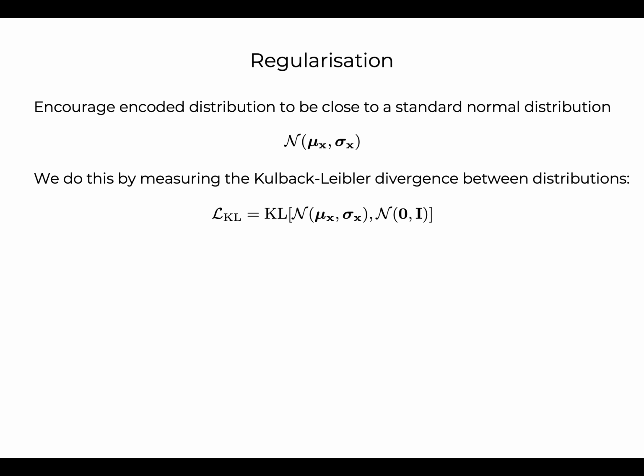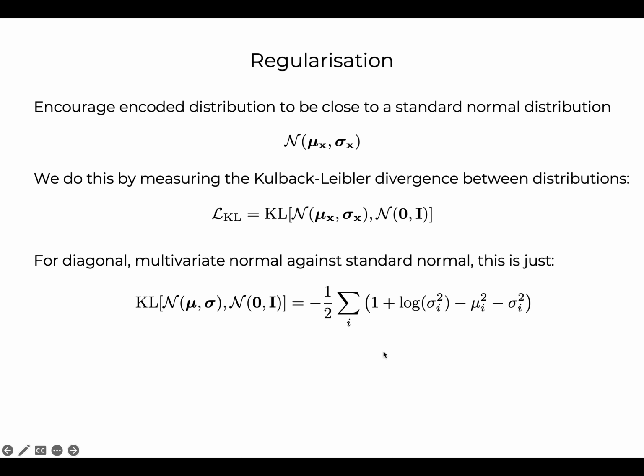This is just a particular notion of distance between probability distributions. So we try to encourage that the distribution that we encode to, that depends on our encoded mean and variance, stays close to a standard normal distribution with mean 0 and variance 1.